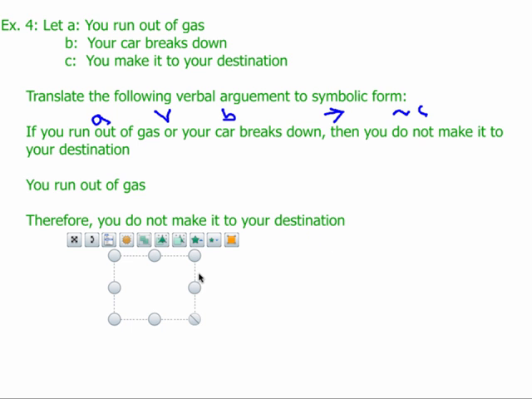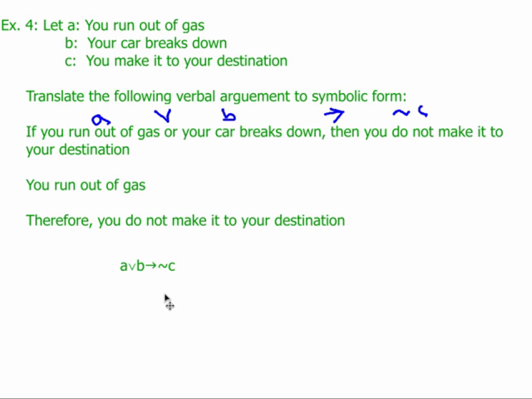A or B implies not C. I've got A, I've got or, I've got B, implies, and this is do not make it to your destination, that's not C. So A or B implies not C.